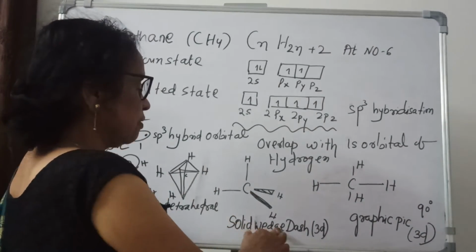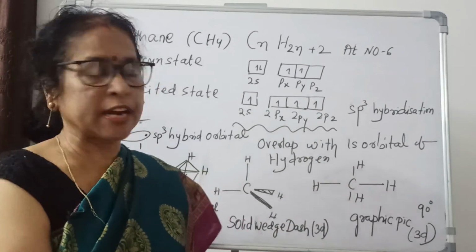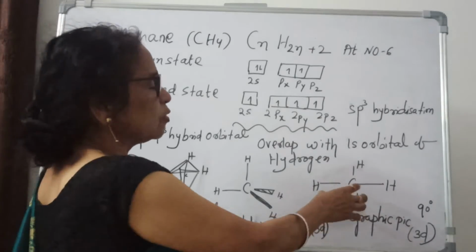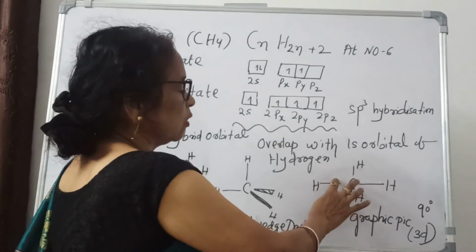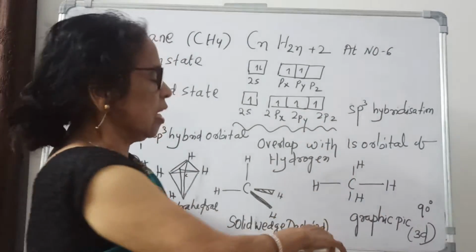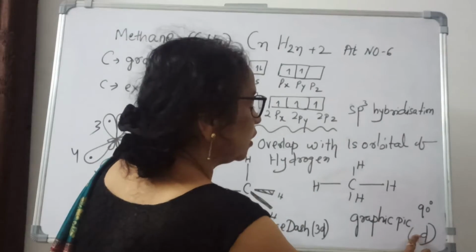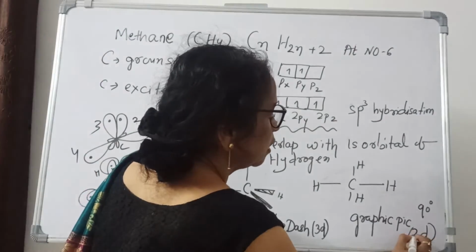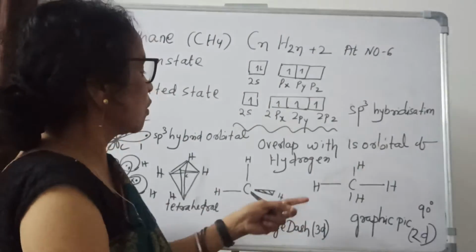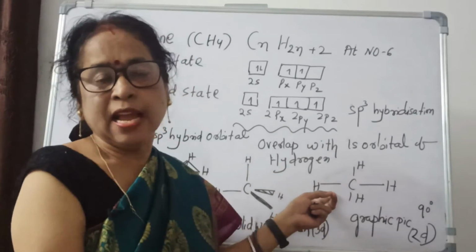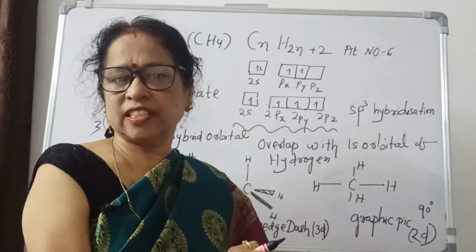And here is the solid wedge structure, and next is the graphic picture. What does graphic picture mean? Here, when you see it, it looks like 90 degrees, here also, and here it looks like 90. Actually, since it is a graphic picture, it is not 3D, it is only 2D. It is only 2D, and it looks 90 degrees, but that is not possible at all. The picture looks 90 degrees, but actually it is not 90 degrees.